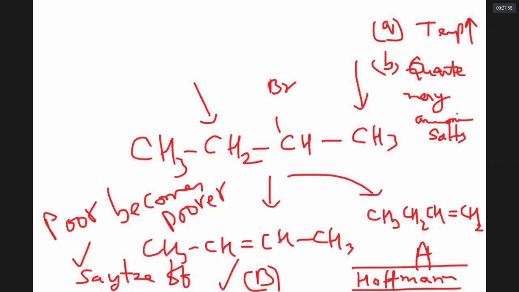Whenever a quaternary ammonium salt is heated, it will try to take a hydrogen from the beta carbon that has a high number of hydrogens, which we will see. So we are going to study the cases of how to get a Hofmann product.